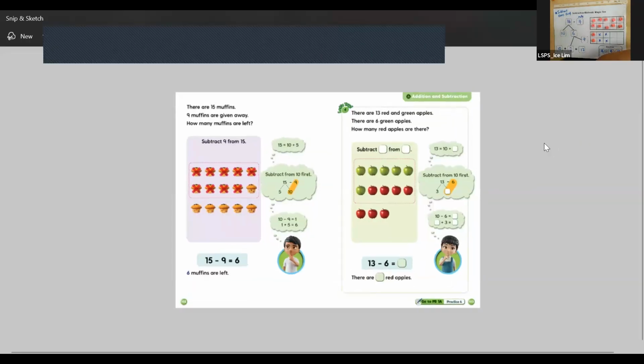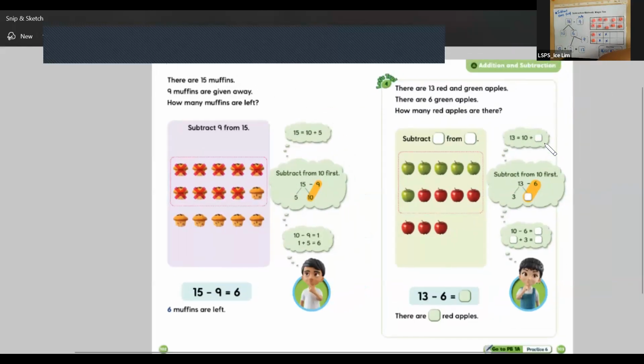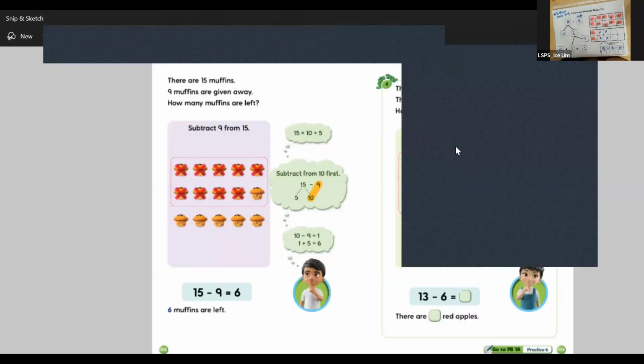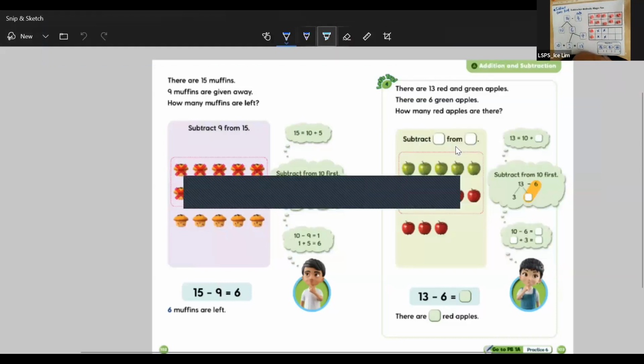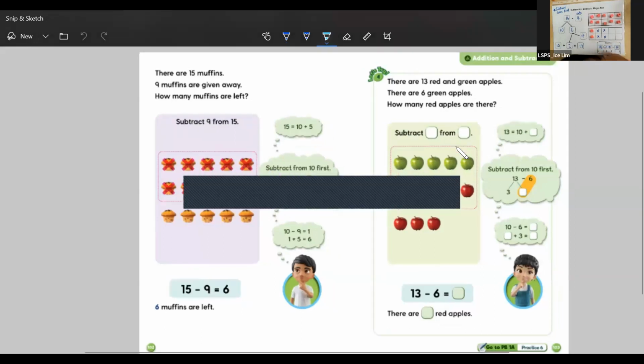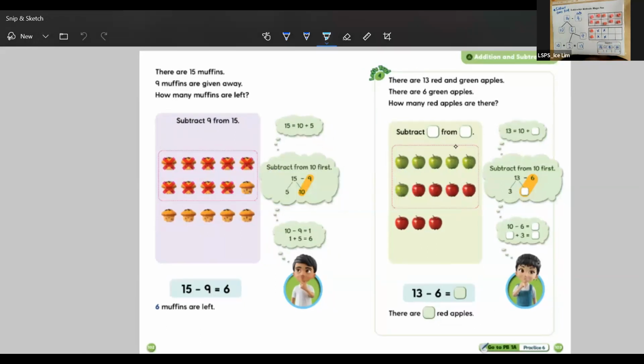Okay, so on the next page, page 102 and page 103, this is the new strategy that many of our friends rightly pointed out. Tomorrow, we are going to spend more time talking about this strategy called subtract from tens first. So the previous page is called subtract from ones first. This one is the new method.